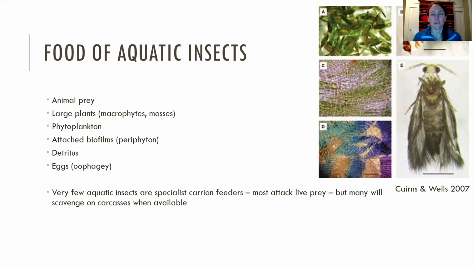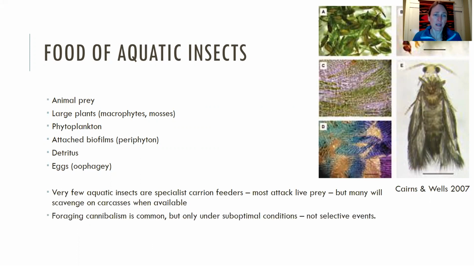Very few aquatic insects are specialist carrion feeders. Most attack live prey if they're predators, but many will scavenge on carcasses when they're available. Grazers, collector filterers, collector gatherers, and predators will all scavenge on carcasses. Foraging cannibalism is common, but only under suboptimal conditions.